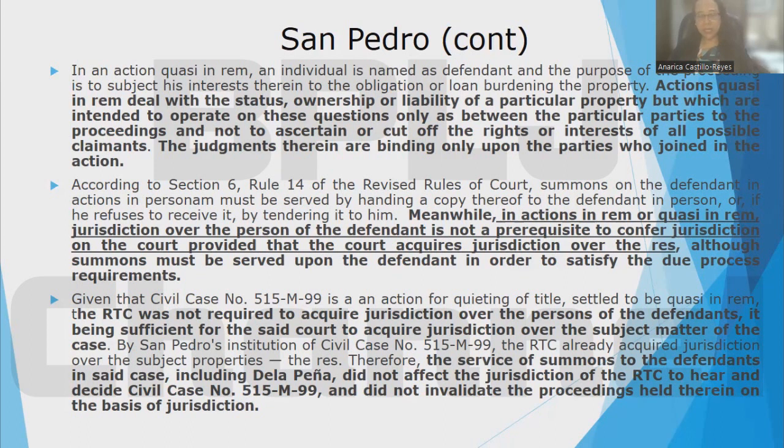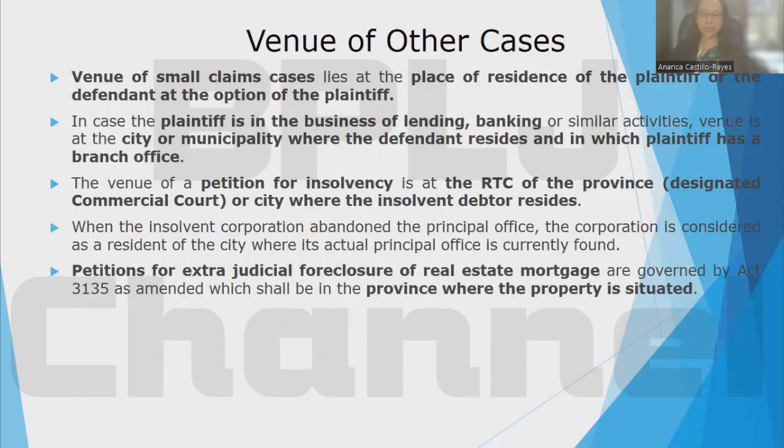Given that this case is an action to quiet title, which is quasi in rem, the RTC was not required to acquire jurisdiction over the person of De La Peña, it being sufficient to acquire jurisdiction over the res. The defective service of summons on De La Peña did not affect the jurisdiction of the RTC to hear and decide the case, and did not invalidate the proceedings on the basis of jurisdiction.